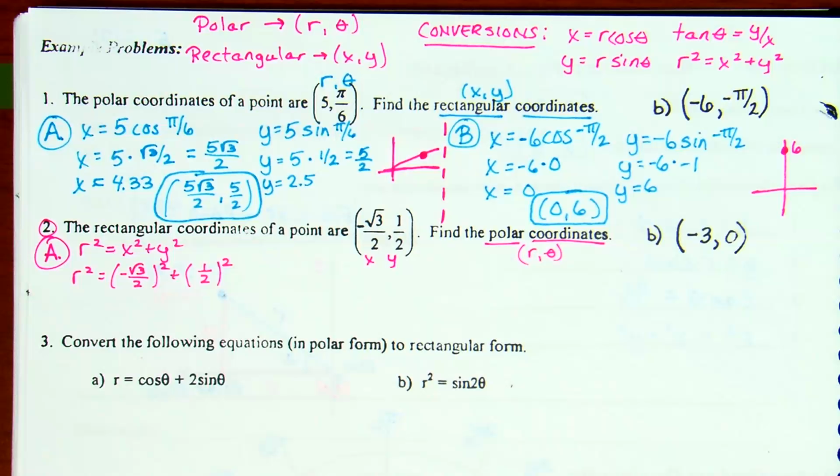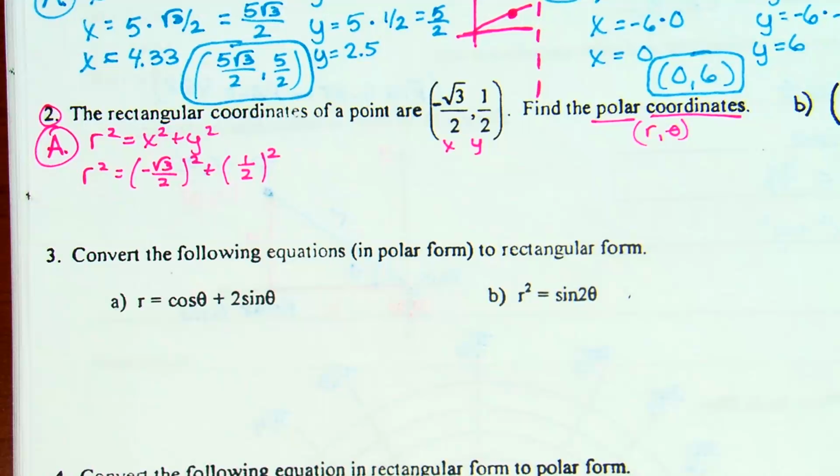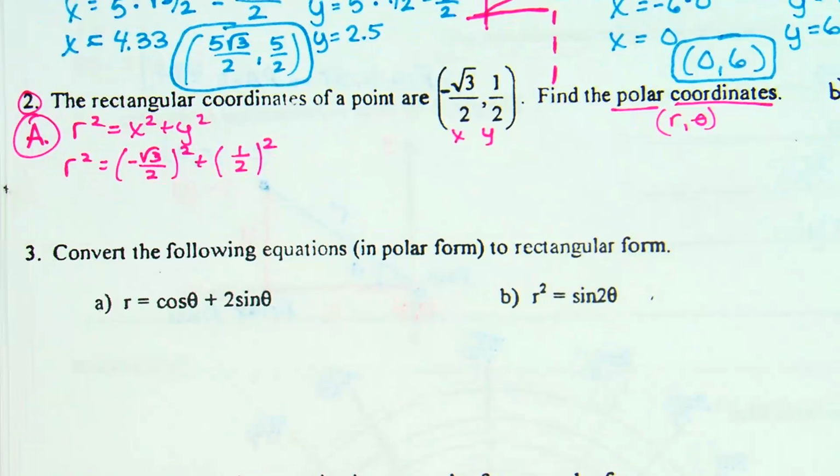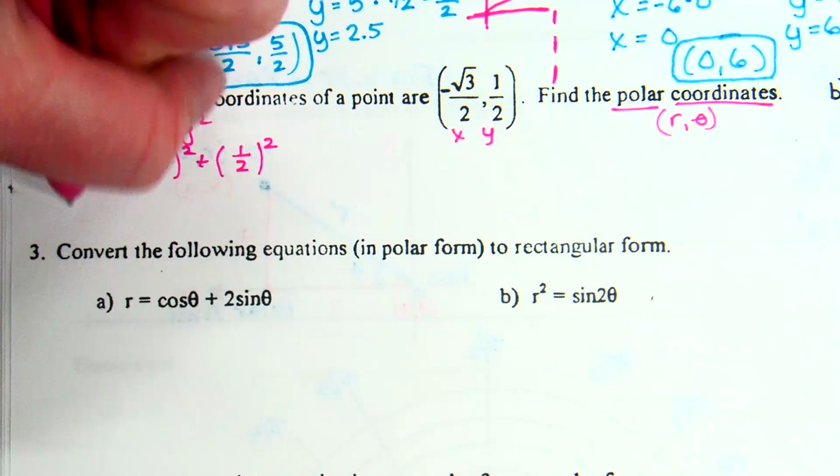Okay, so what is the square root of 3 squared? 3. What is 2 squared? 4. And what's a negative squared? A positive. So this first value is going to be 3/4, if you kept up with that.